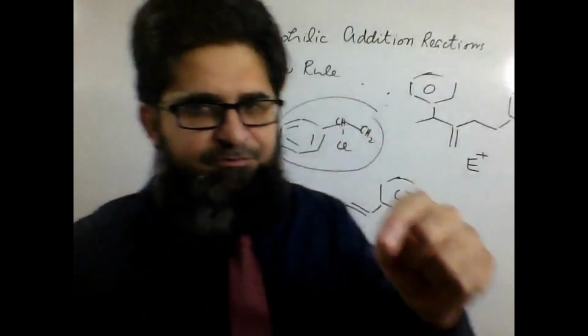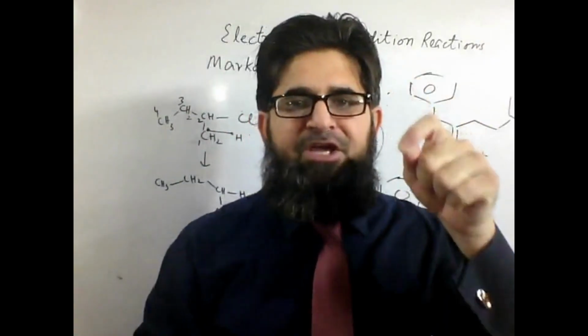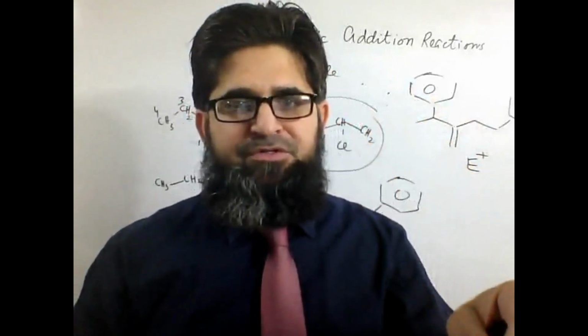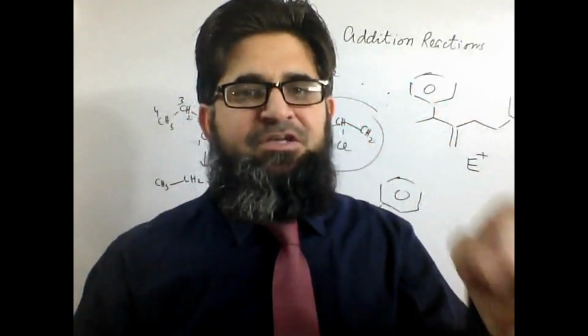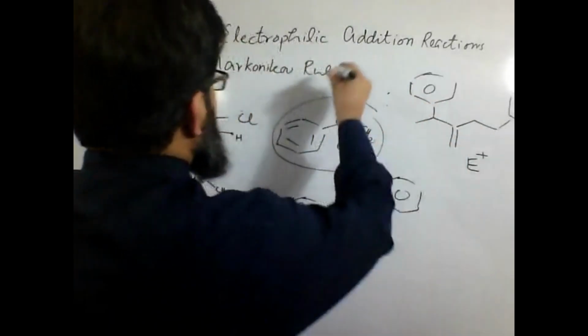The positive part, meaning the electrophile, will make a bond with the carbon which has more protons, which means it is less substituted. More protons, what is the Markovnikov rule?